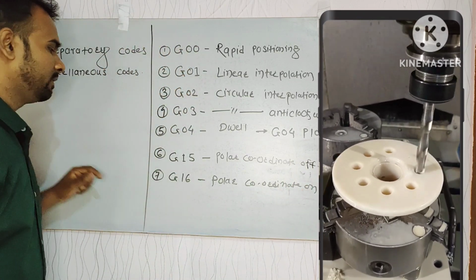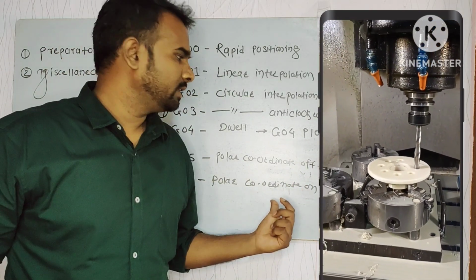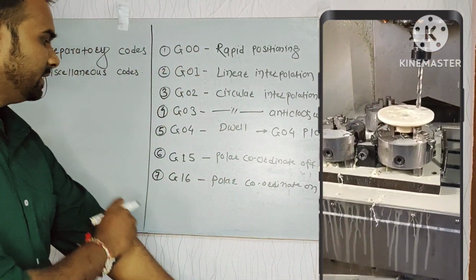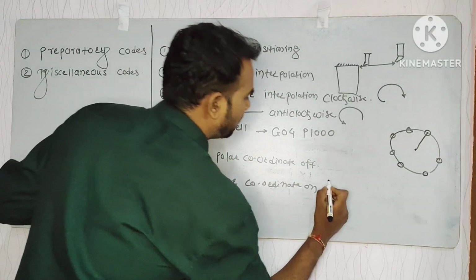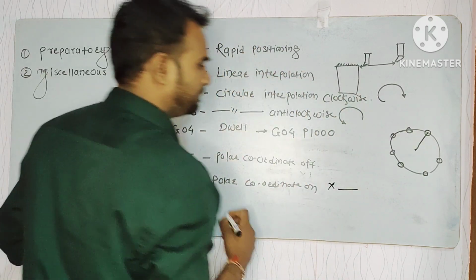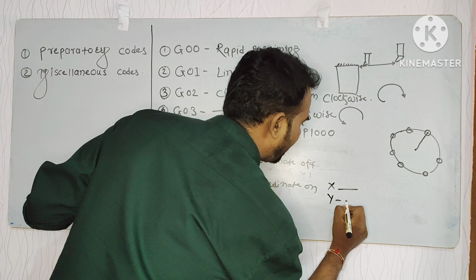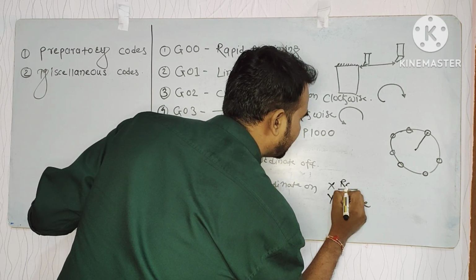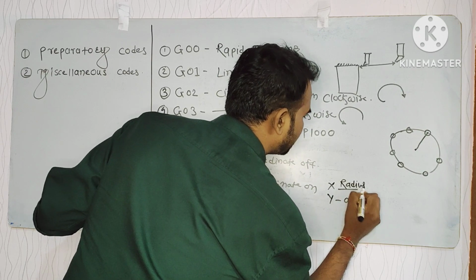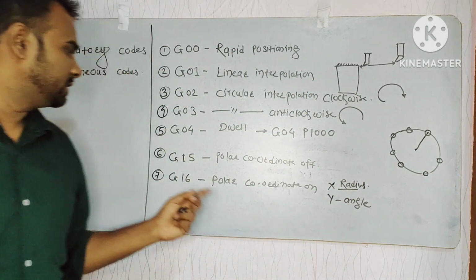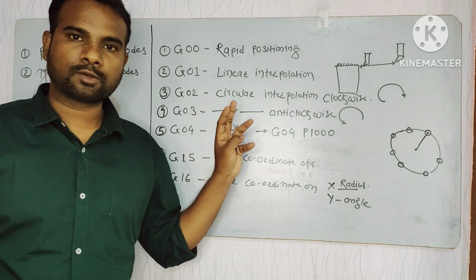If we switch to G16, it activates the polar coordinate system, in which X will be the distance to travel, Y will be the angle, and this will be the radius of the job. G16 activates it and G15 cancels the polar coordinate system.